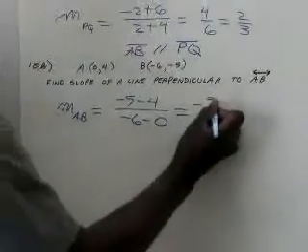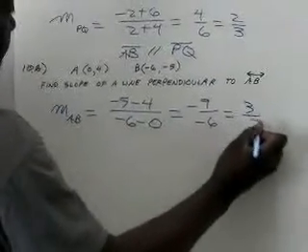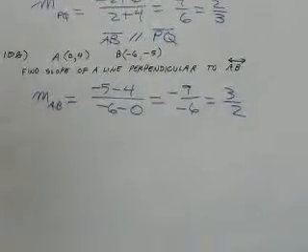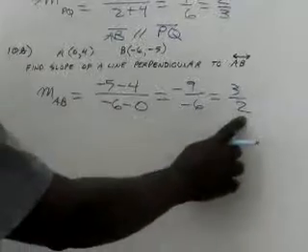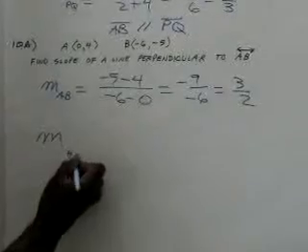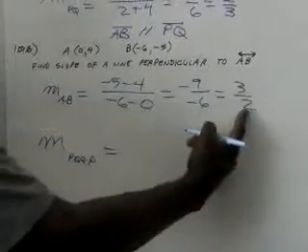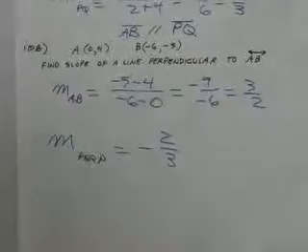That's -9 over -6. 3/2 is the slope of line AB. Now, in order to find the slope of a line perpendicular, we take the negative of the reciprocal. So the slope of a perpendicular line here would be opposite sign, flip it over, -2/3.